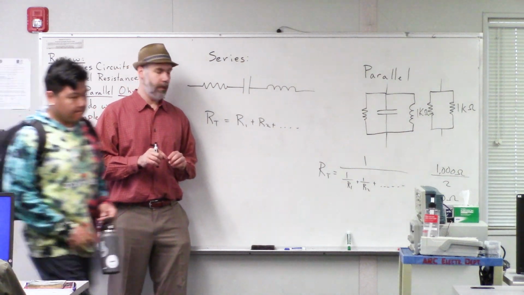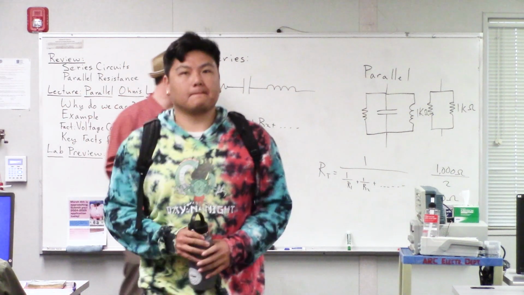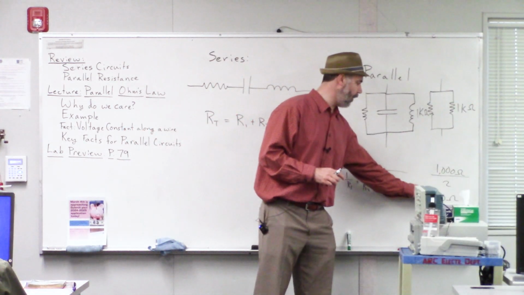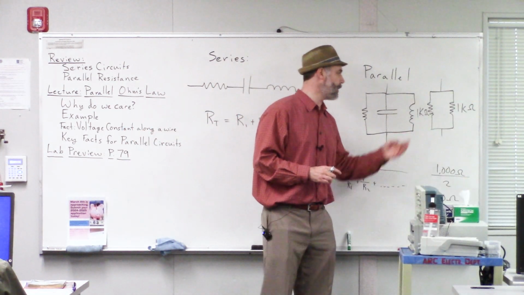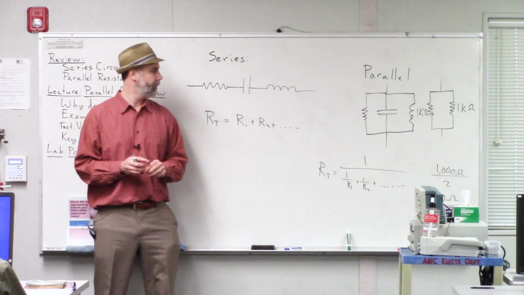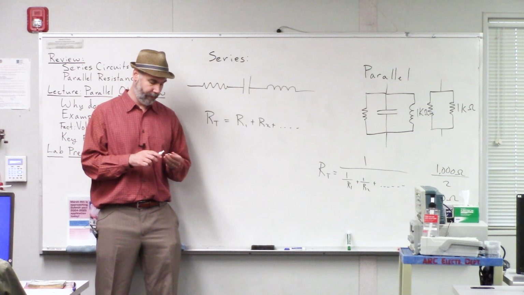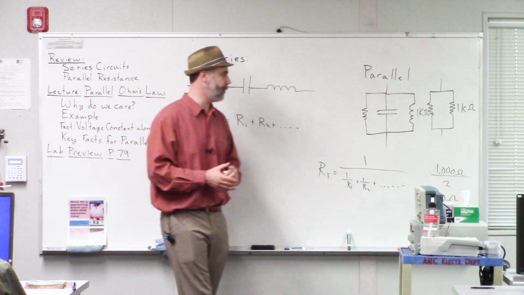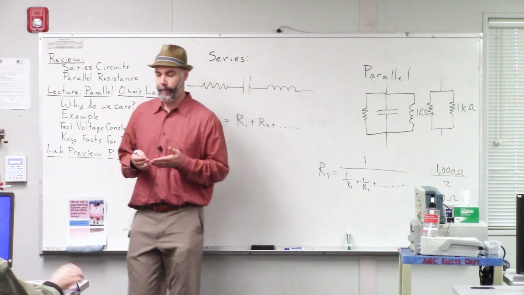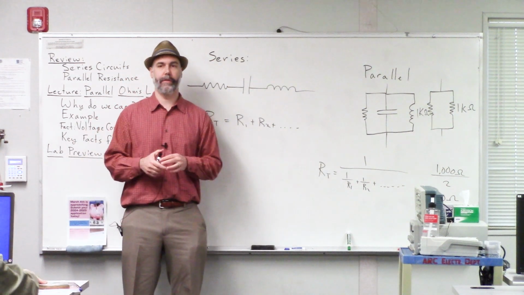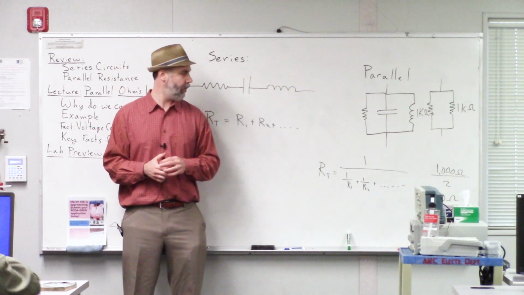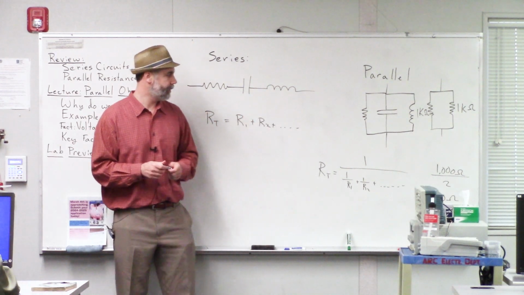And we said that the total resistance will always be less than the smallest resistor in a parallel circuit. Okay? Remember, in parallel, the more resistors you have, the less resistance you get, because it's giving the electricity more paths to follow. So when you give the electricity more ways that it can flow, the resistance goes down. Okay?